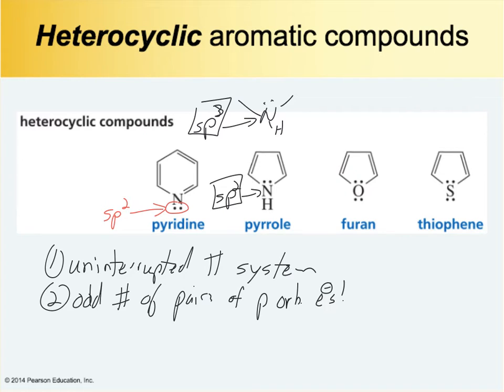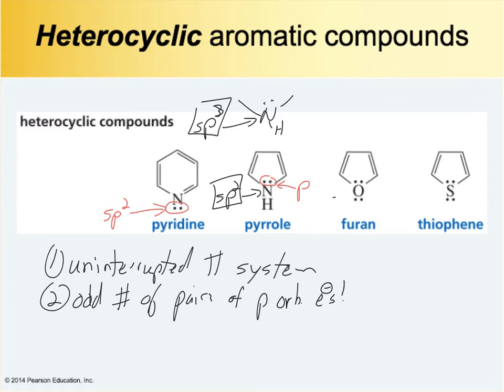Now why would it choose that? It's going to choose that so this lone pair will be in a p orbital. By being sp2 hybridized, it has a p orbital. Now putting that lone pair in there creates an uninterrupted pi system, and with that lone pair in there, it makes an odd number of pairs of electrons in that pi system. So 1, 2, 3. So that makes this aromatic.